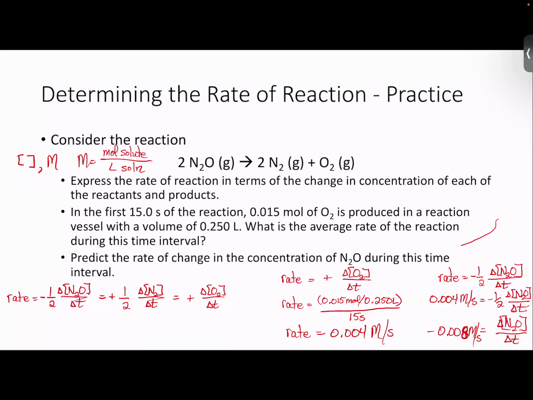Again, what this is telling us is that 0.008 molar of N2O is used up. Well, no, that's not in 15 seconds. 0.008 times 15 is 0.12 molar. 0.12 molar of N2O is used up.